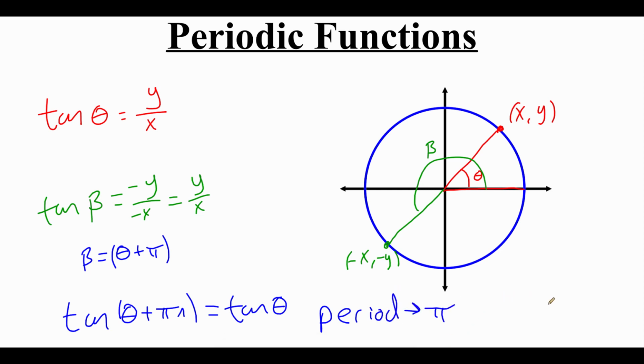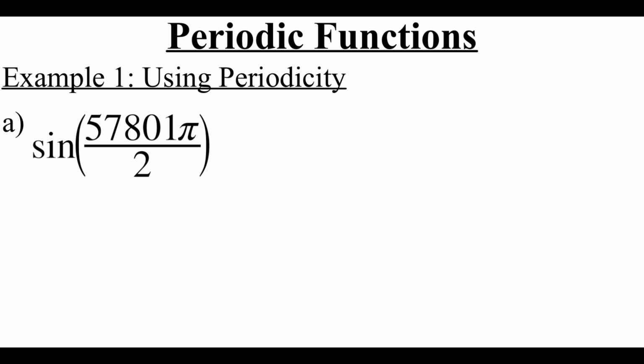So let's see if we can use that to help us out a little bit. I want to look at the sine of 57,801 pi over 2. But that's going to be pretty difficult for me to calculate without a calculator. So what I'm actually going to do is split up this angle inside of my parentheses. I'm going to take one of those pi over 2's and separate that from the rest of them.